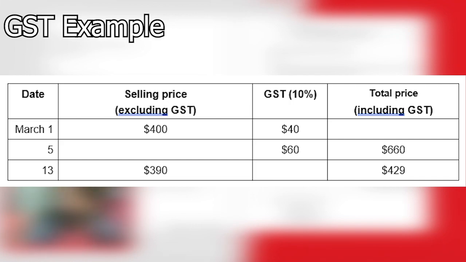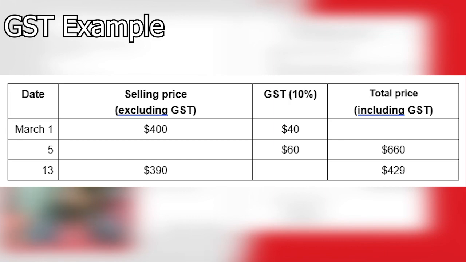We've got the total price, including GST, and you can see the GST there is 10%. And lastly, you've got selling price, $390. The total price, which is including GST, is $429. So we just need to essentially have some math with us to solve this. It depends what you're given, what formula you use.